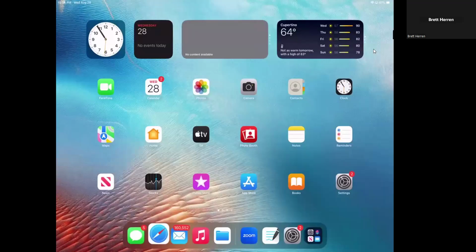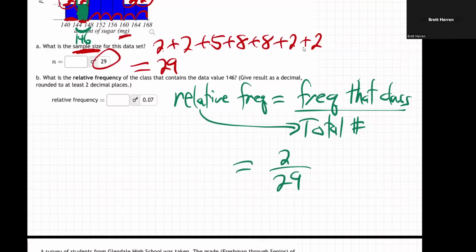0.06896. Now, we're supposed to round it. It said give it as a decimal, don't change it to a percent, and give 2 places. So right here, we're going to stop at 2 places. That 8 tells us to go up to 0.07.